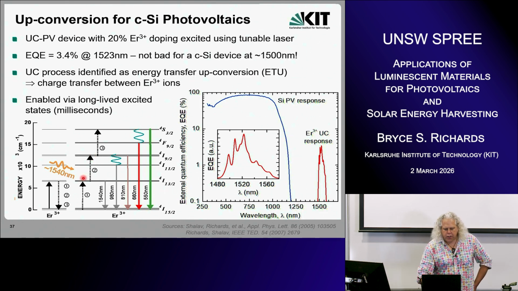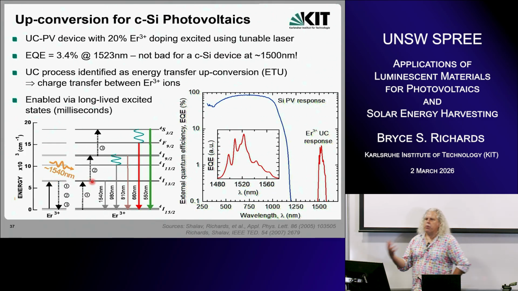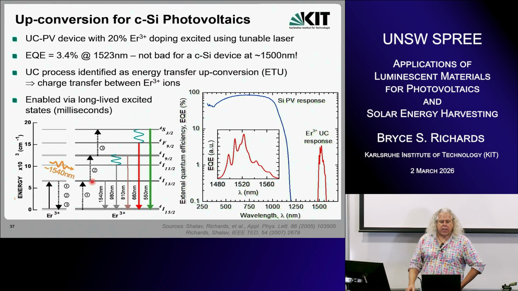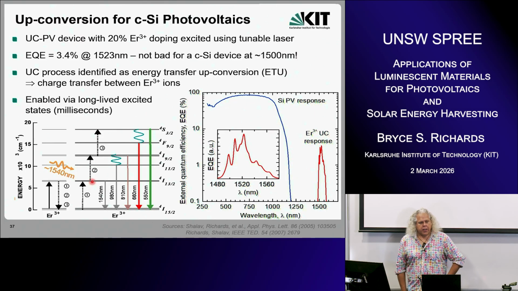Now, of course, that depends on the lifetime of this excited state. If the lifetime of this excited state is limited, this will drop down and energy will just populate this state instead. So you're not really adding them together. So lifetimes here are kind of critical. And the lifetimes of the rare earths are typically about milliseconds, which is fairly long for luminescent materials.